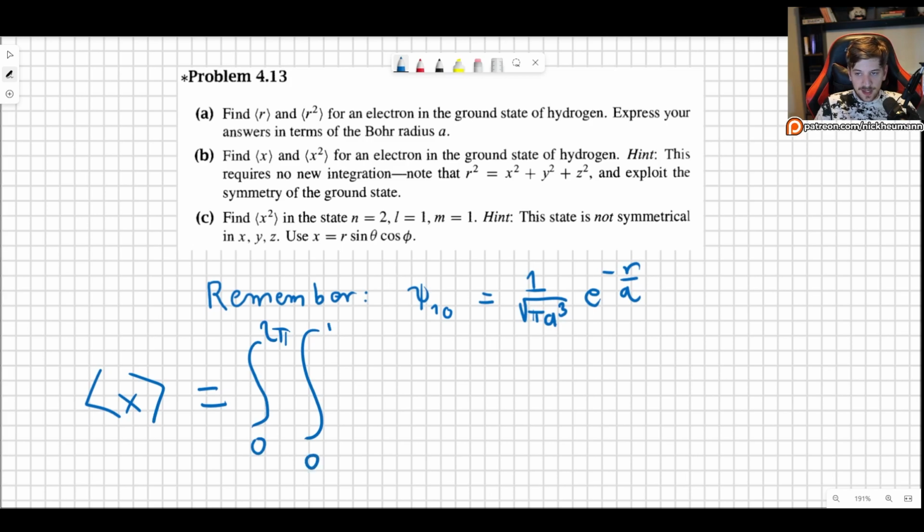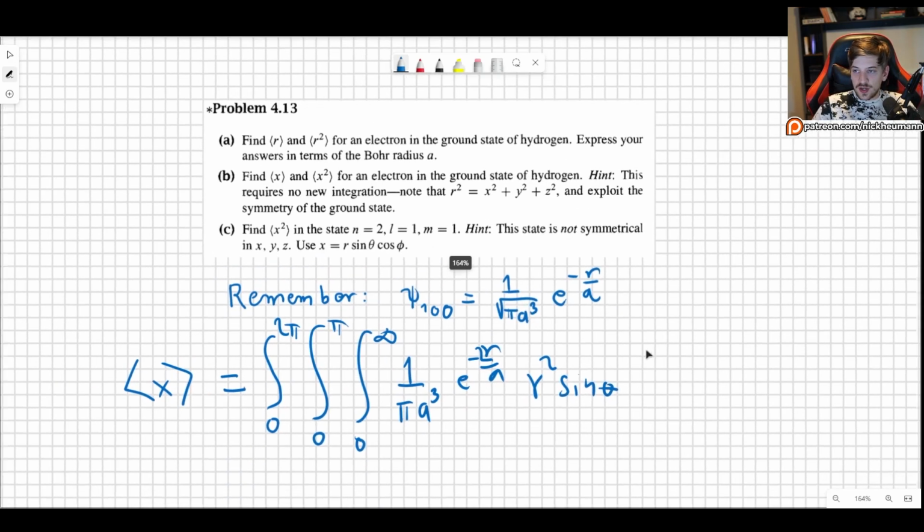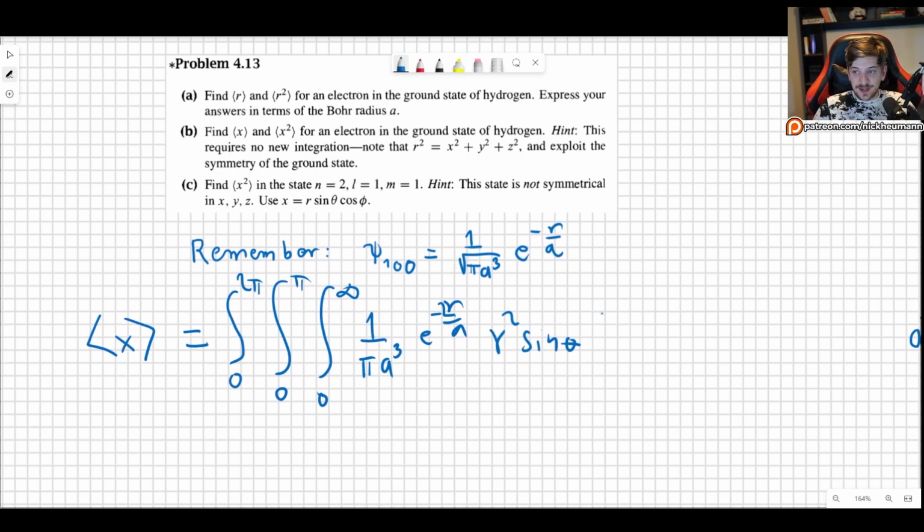So 0 to 2 pi, 0 to pi, 0 to infinity of our wave function squared here, so 1 over pi a cubed e to the minus 2r over a. And now we have r squared sine theta. And now x, right? The order is r, theta and then phi.